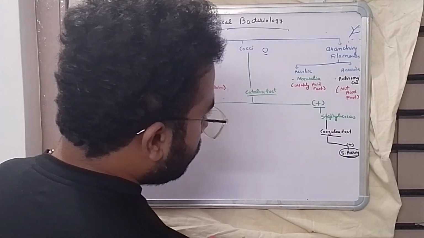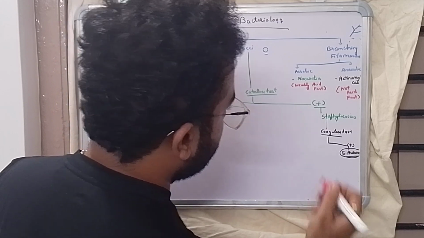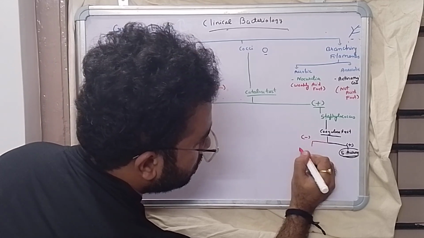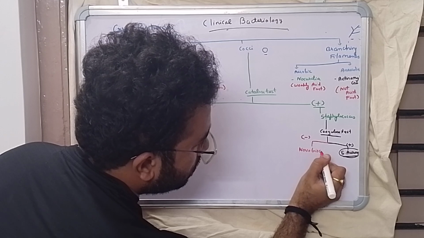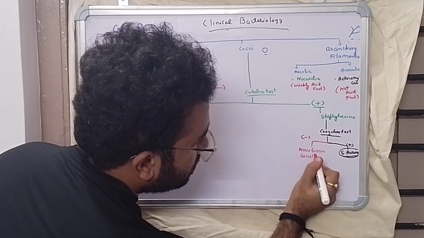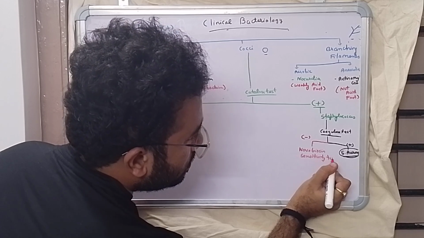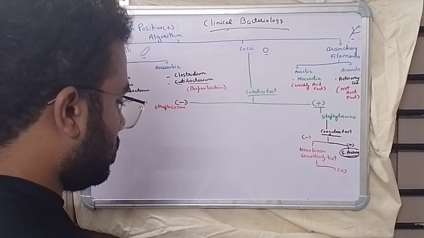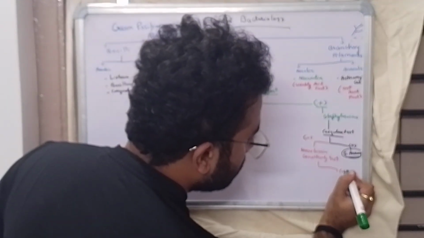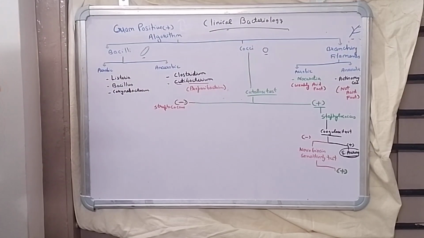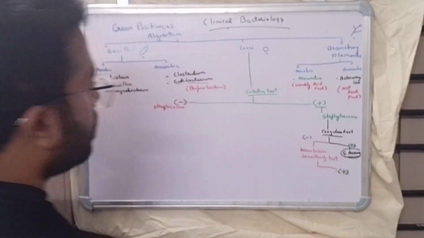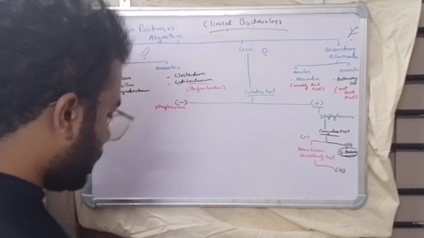Now coagulase is negative. We will mention it, right? So in this negative, we will do a novobiocin sensitivity test. So further, we will write positive with a green sign, green color. So here also positive we will mention with green color, for negative red color.